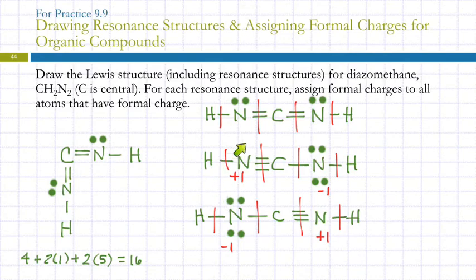So if we look at these two, we can't say that one of these is better than the other. They're equivalent. But this one has 0 formal charges for everybody, so that's the best one. There's a resonance between these three, but this one has more contribution to the overall structure.